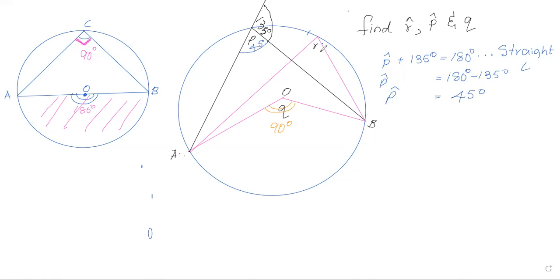Now, this angle here is an angle at the circumference of a circle from this purple color here. Therefore, angle Q is equal to twice angle P, which is twice 45, which gives us 90 there.